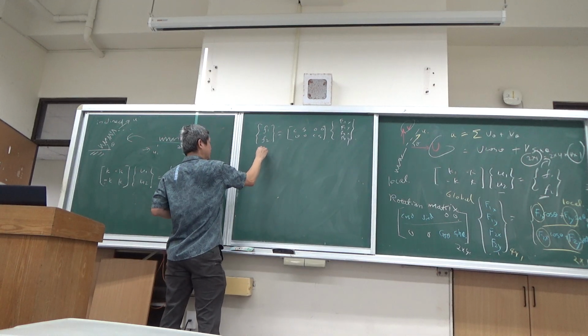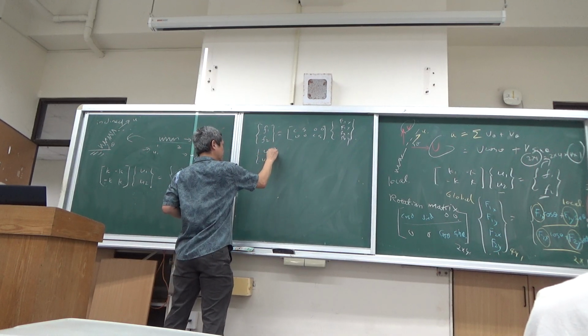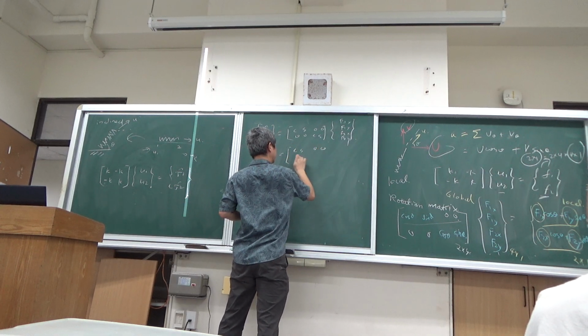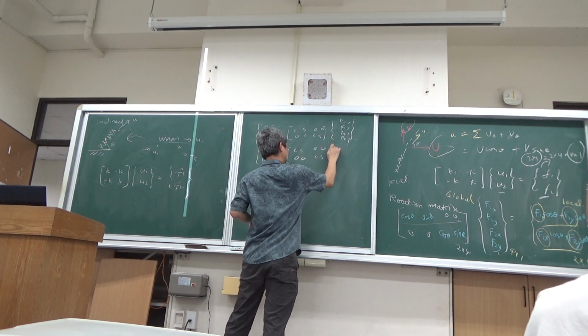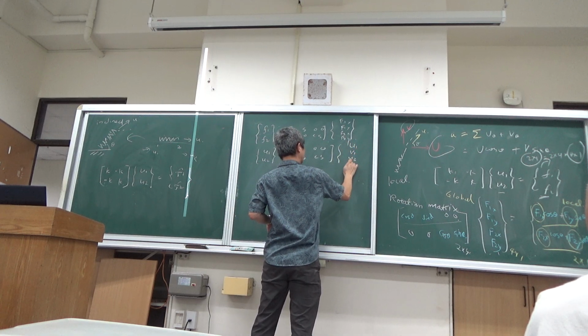Likewise, I can write my displacement U1, U2 as [C S 0 0; 0 0 C S] times U1, V1, U2, V2.